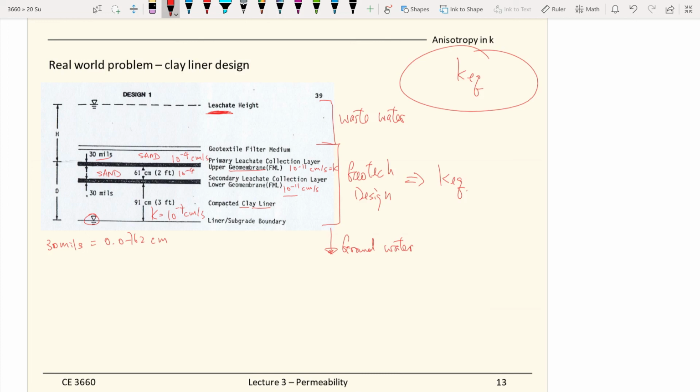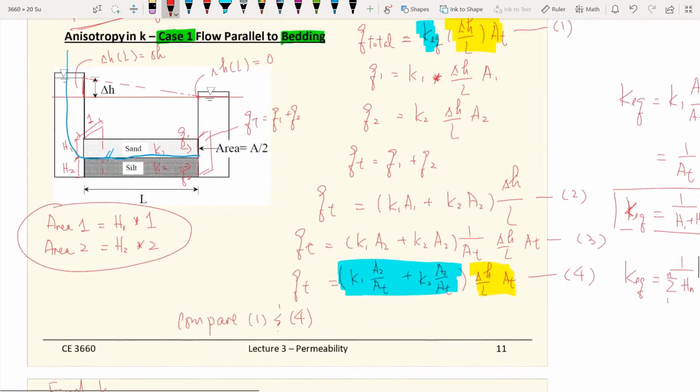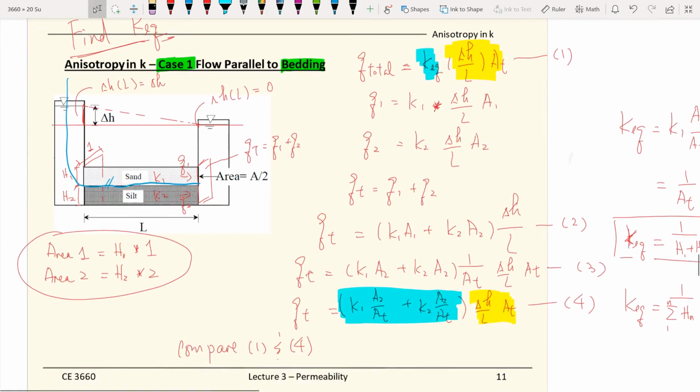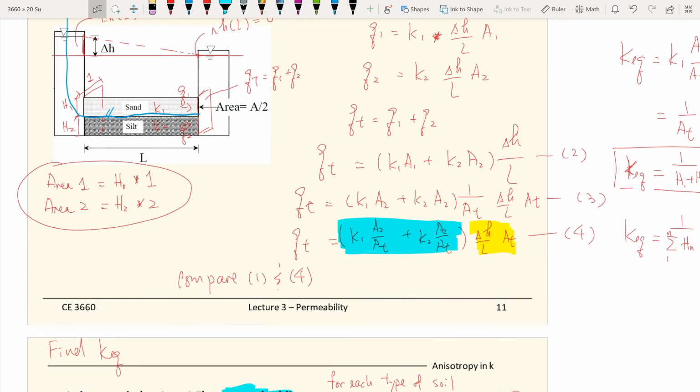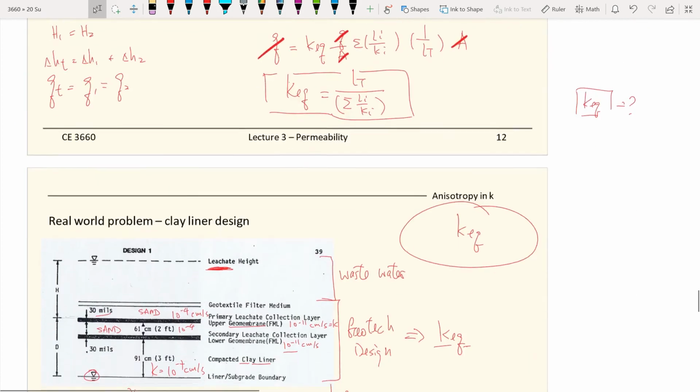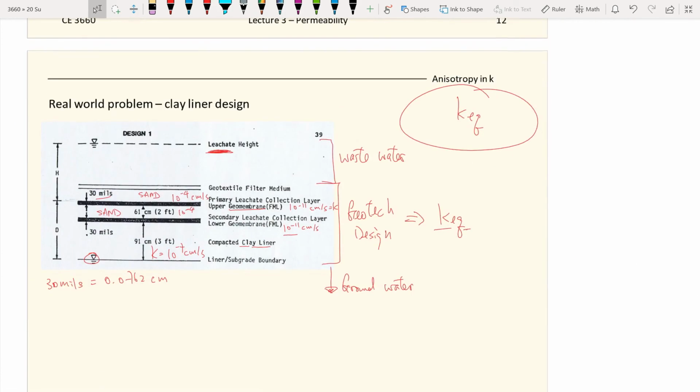But anyway, this is the geotech design, and our job now is to find the equivalent K. Remember, on the previous slides we talked about those equivalence cases, and based on different scenarios, case one and case two, you will end up with different equations. So the very first job is to think of what type of scenario it is. Is it parallel to the bedding, or across the bedding? That will make a difference.